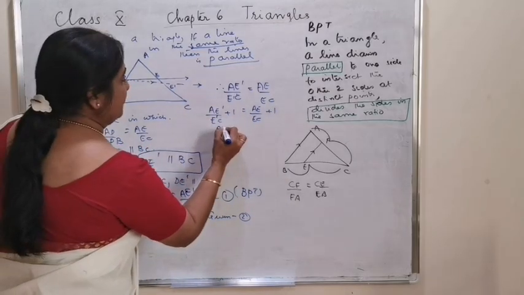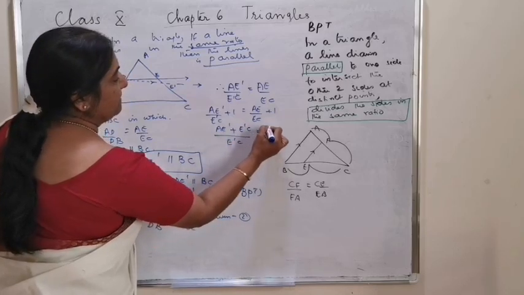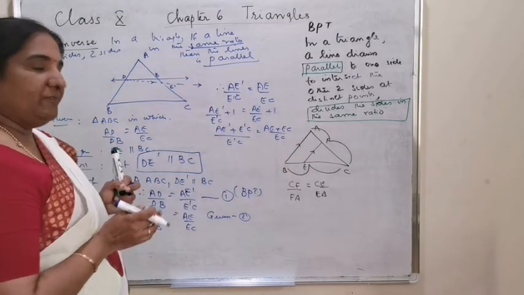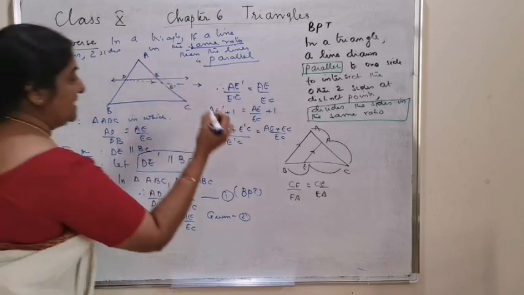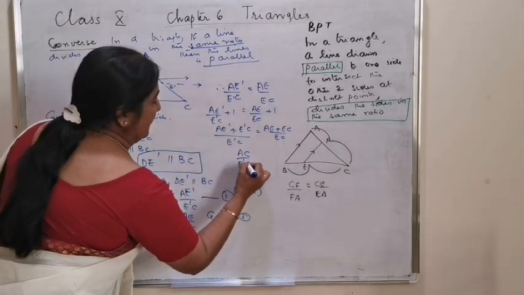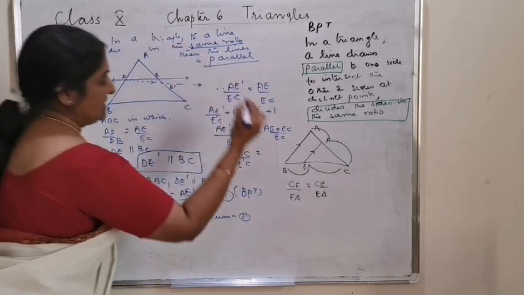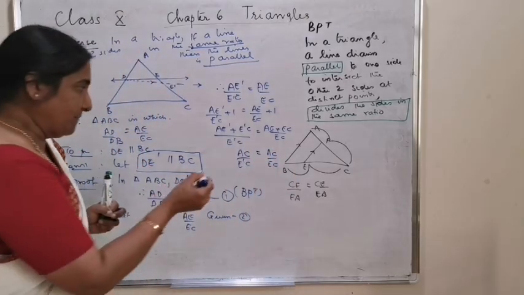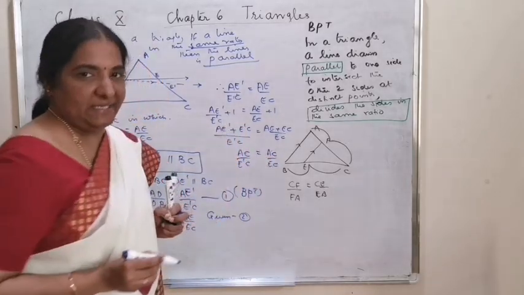Let's take the LCM. AE dash plus E dash C by E dash C is equal to AE plus EC by EC. AE dash plus E dash C gives AC, so AC by E dash C is equal to AC by EC.